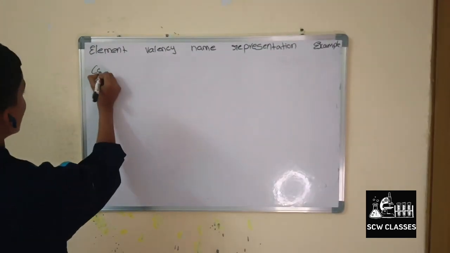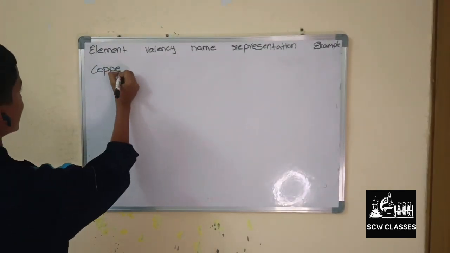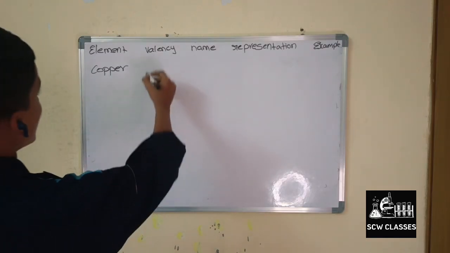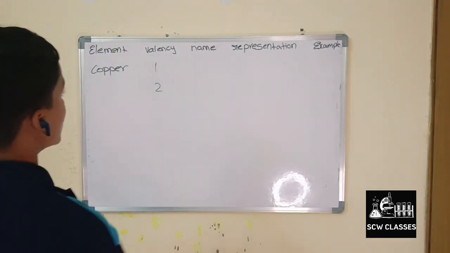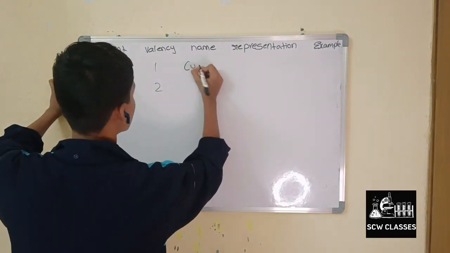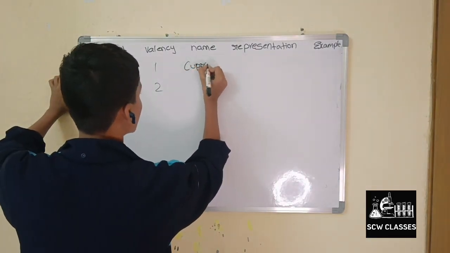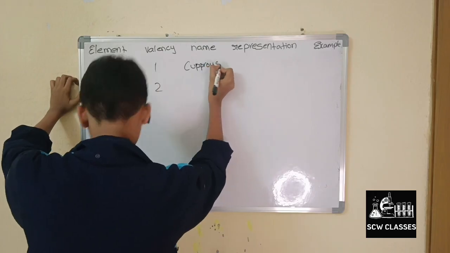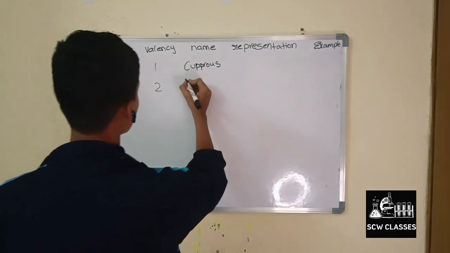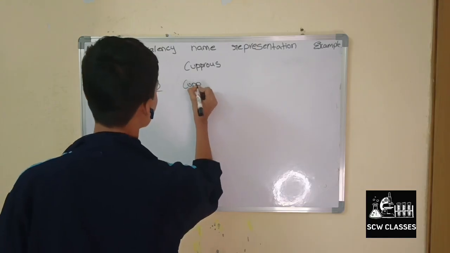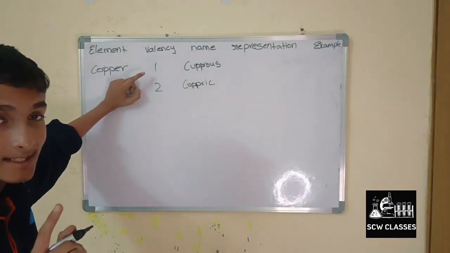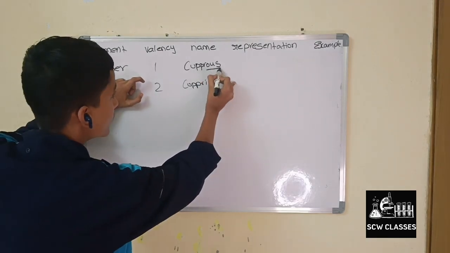Element copper. The first element is copper. We take valency 1 and 2. If the valency is 1, the name is cuprous. If the valency is 2, the name is cupric. See here, if the valency is lowest, OUS.